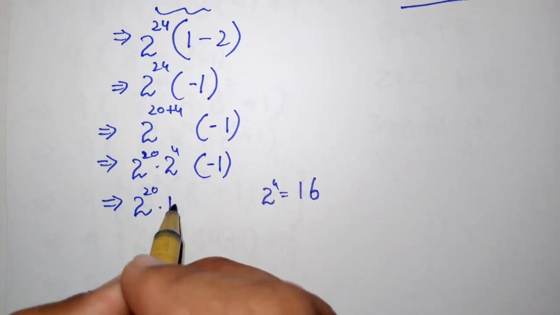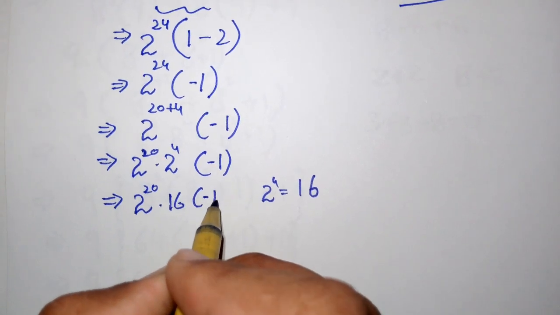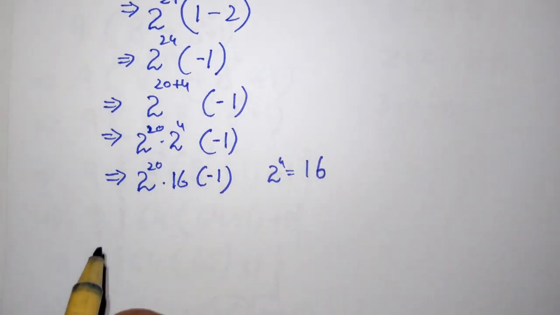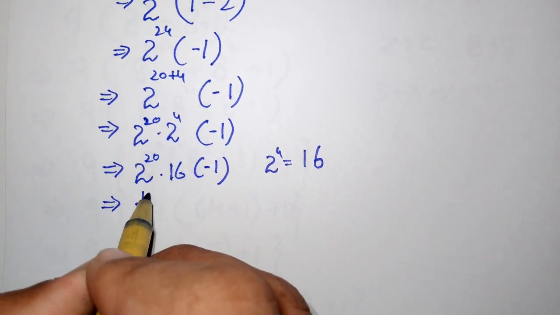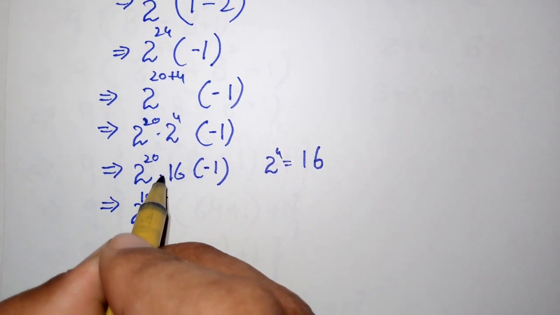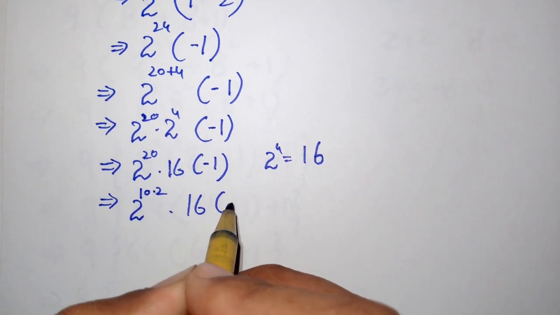So 16 times minus 1. Now 2 to the power of 20 can be written as 2 to the power of 10 times 2, times 16 times minus 1.